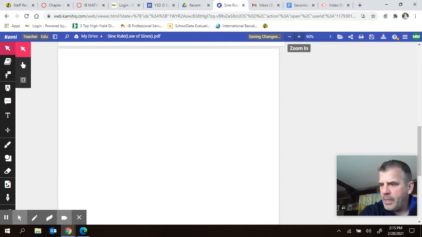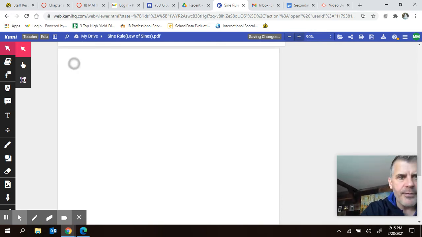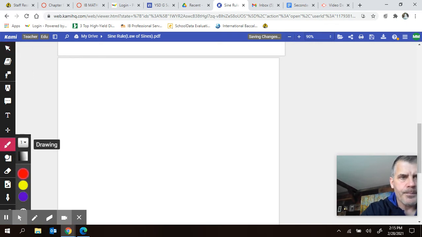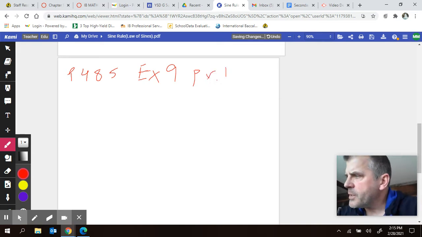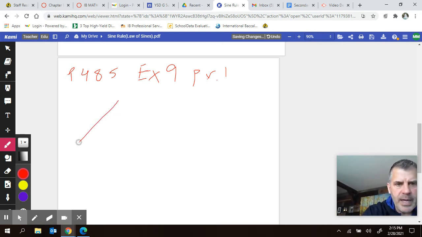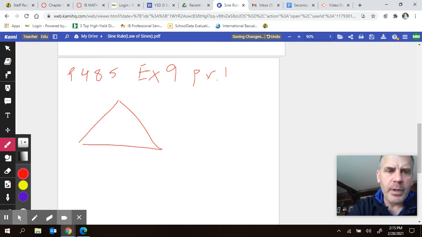This is from page 485, and I think it's example number 9. This would be problem number 1. And so it's saying find BC. Okay, so that triangle looks something like this. And we know this side length is 12 centimeters.